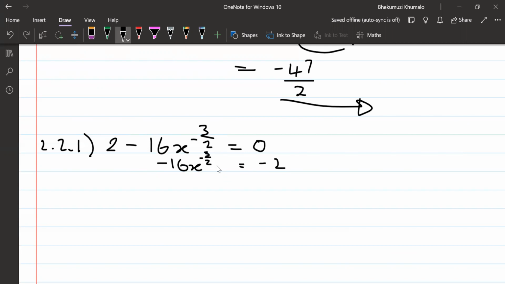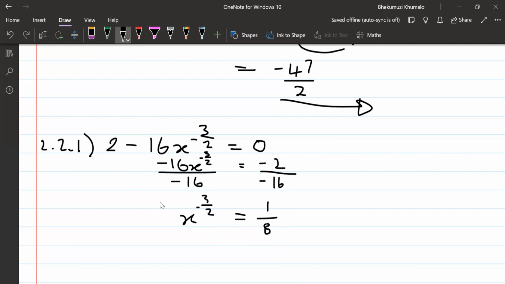Then let's divide by minus 16 on both sides. Minus 2 divided by minus 16 gives us 1 over 8, and on the left-hand side we have x to the power negative 3 over 2.